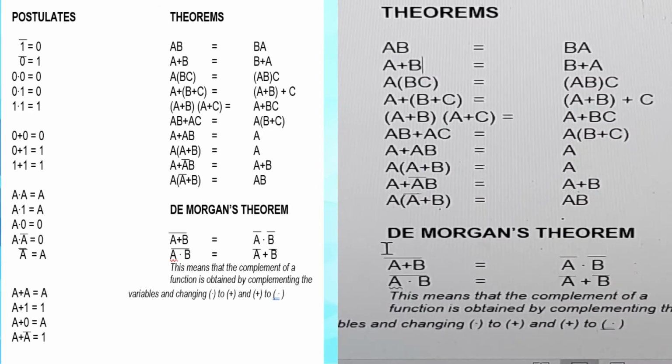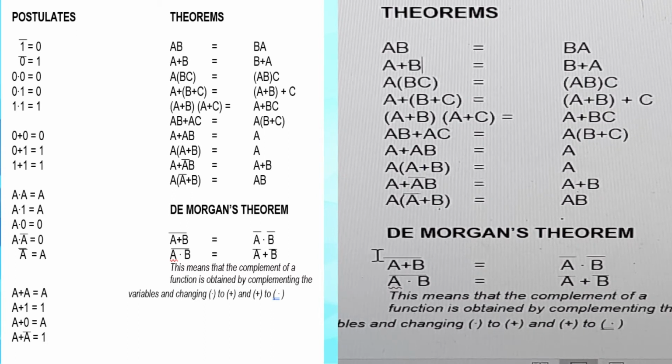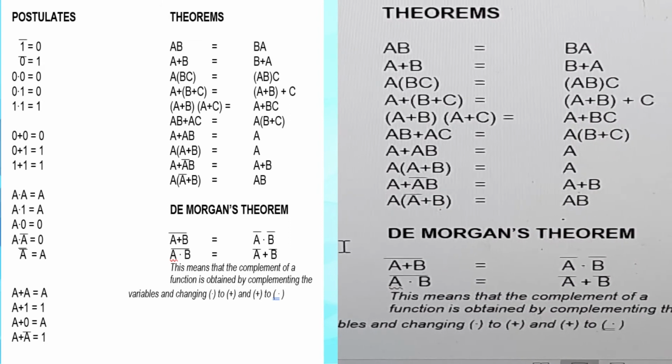We also have De Morgan's theorem. A plus B, with the bar over the whole thing, is equivalent to the plus becoming multiplication.